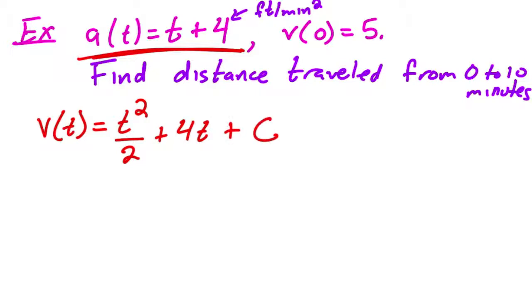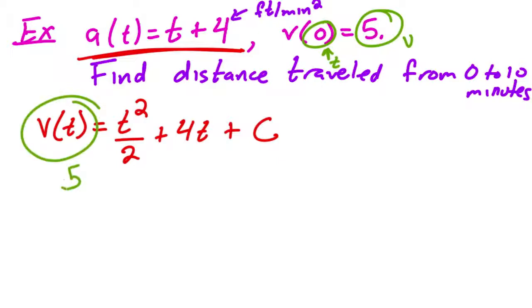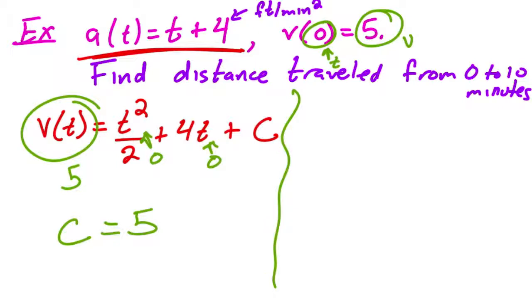And so then remember, you have your initial conditions. You have that when t is equal to 0, v is equal to 5. So you just plug those in. And when you do that, you're going to get that c is equal to 5. So this means that the velocity function is t squared over 2 plus 4t plus 5.